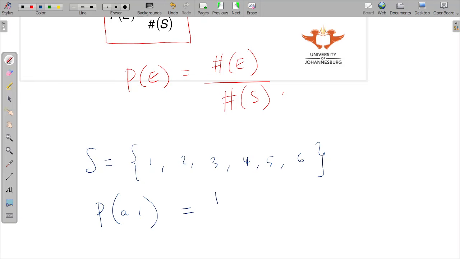Just 1. What is the total sample space? 6. And for the probability of a 3, how many 3s do we have? Just 1, and the number of sample points is 6. That's why we get 1 over 6 for them.